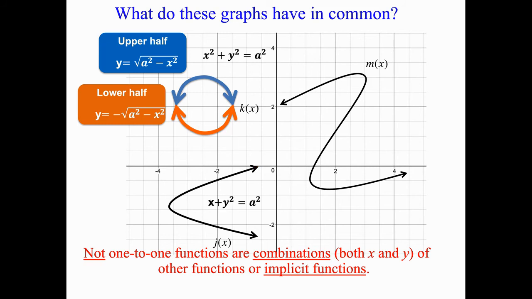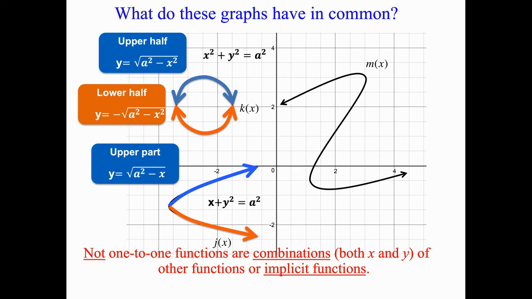The same thing is true for this one down here, j of x. J of x is actually a sideways parabola, and its general form is what you see before you, x plus y squared equals a squared. A is just some constant, by the way. That's true for this setup here. So if you solve for y squared, again you end up with 2 answers, one for the above piece, one for the below piece. And again, the above piece would be the positive radical, and the lower part would be the negative radical.